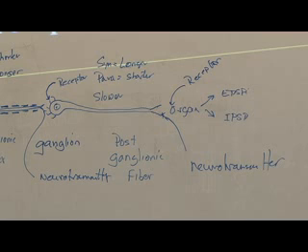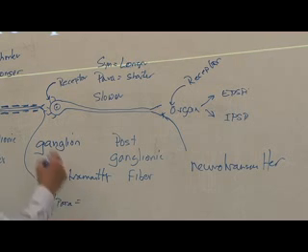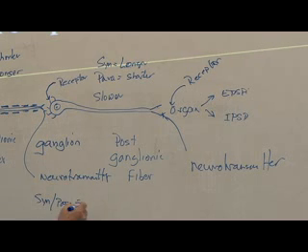Preganglionic fibers release acetylcholine. It's not going to matter whether you're talking about the sympathetic nervous system or the parasympathetic nervous system. The neurotransmitter released by the preganglionic fiber is ACh. So that's a commonality for both systems. Okay? So we release acetylcholine.